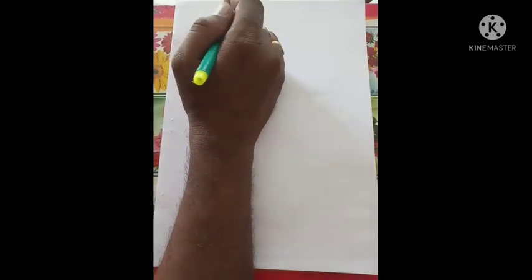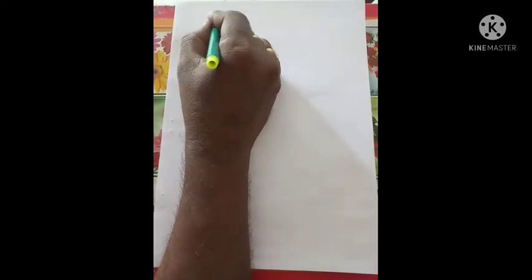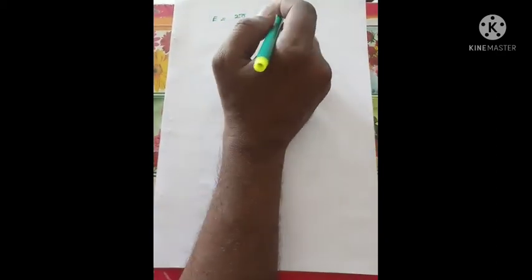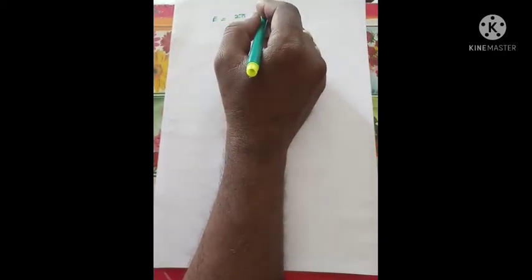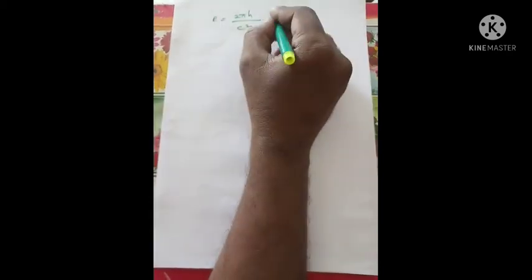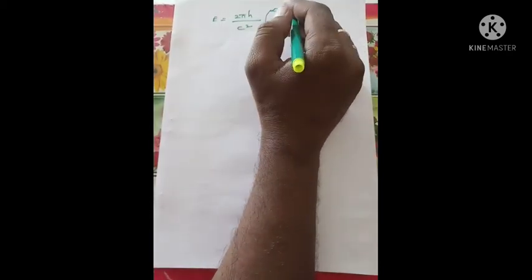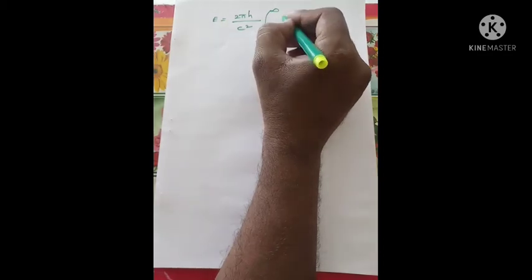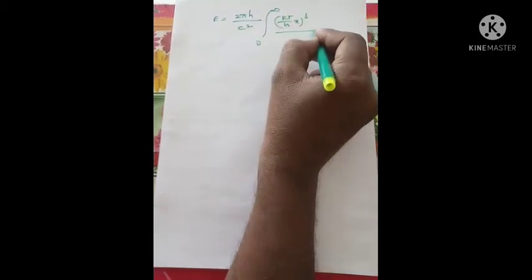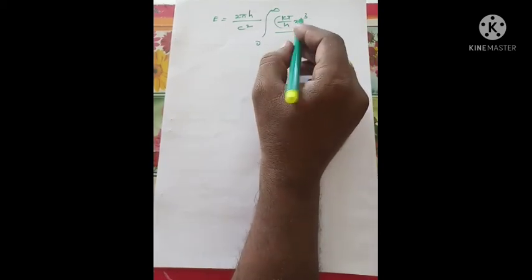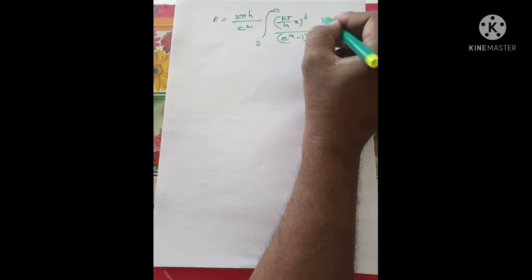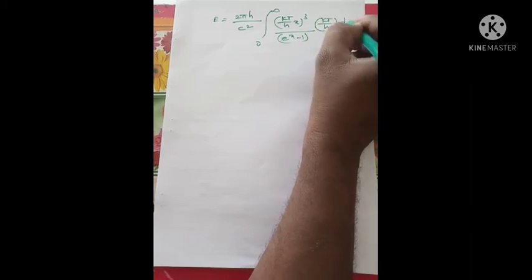Finally we get E equals 2 pi h by c square, integral 0 to infinity, and in place of nu cube we write kT by h into x whole cube by e to the power of x minus 1, into the d nu value, which is kT by h into dx.